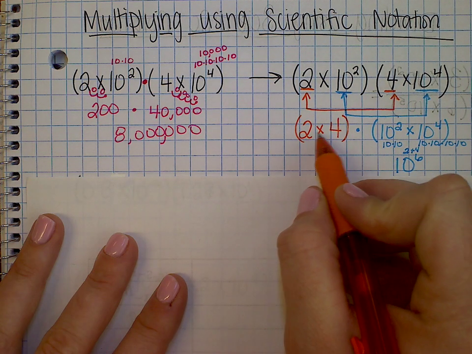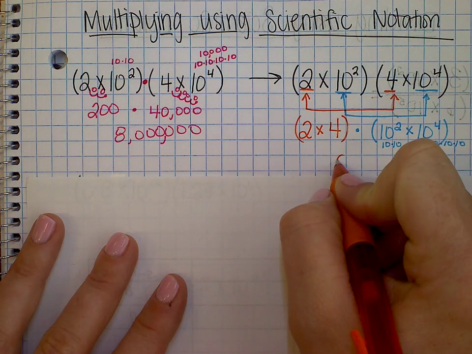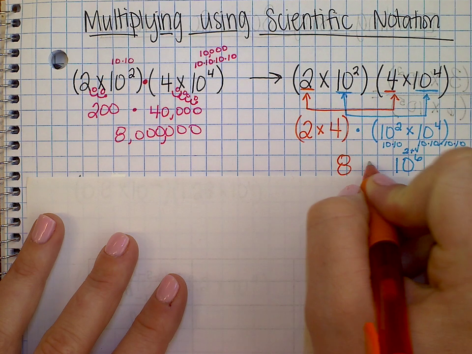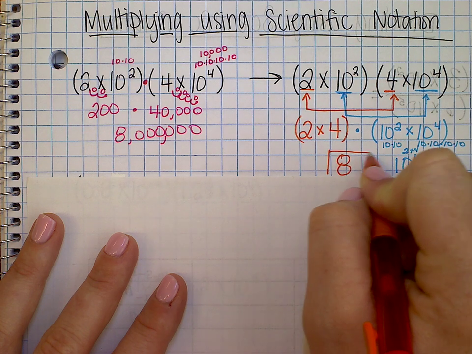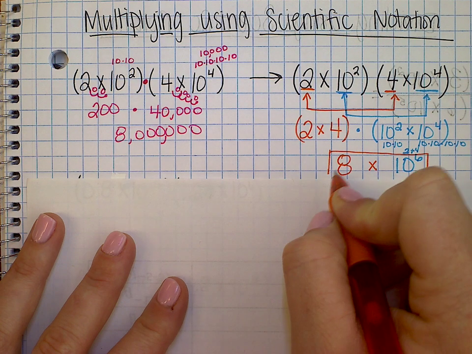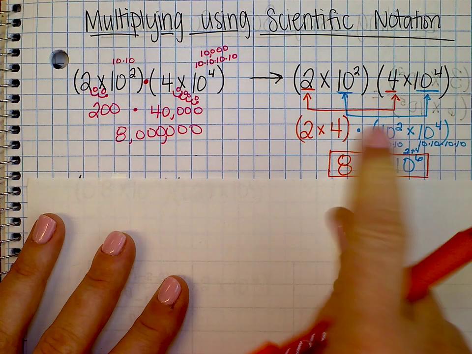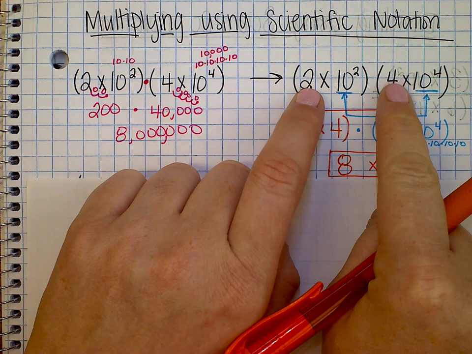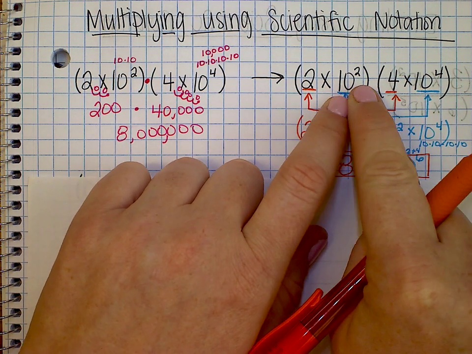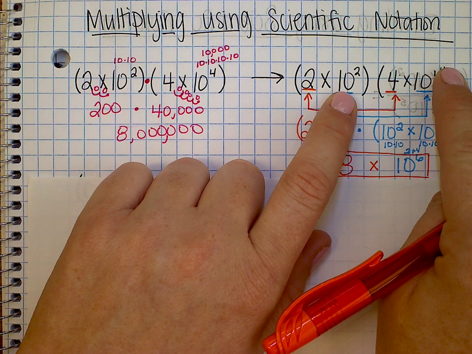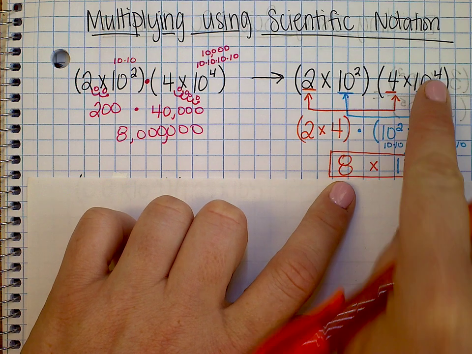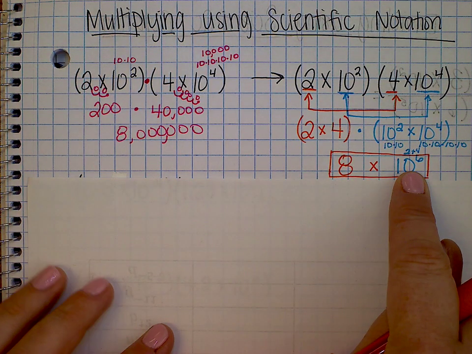Then we have 2 times 4, which is 8. So 8 times 10 to the 6th would be our answer. So all we did was multiply 2 times 4, which is 8. And then if we have 10 squared and 10 to the 4th, 2 plus 4 is 6.